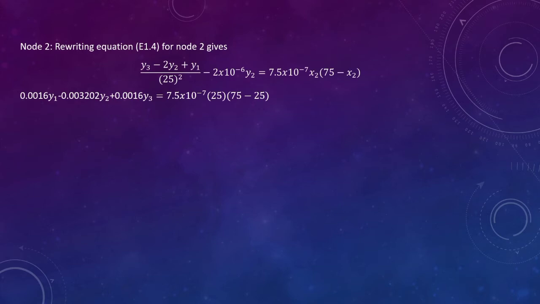So, the 0.0016 y sub 1 comes from y sub 1 over 25 squared. Input it in your calculator and it comes out.